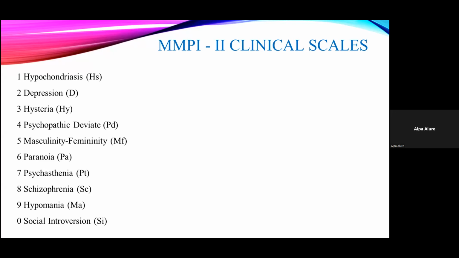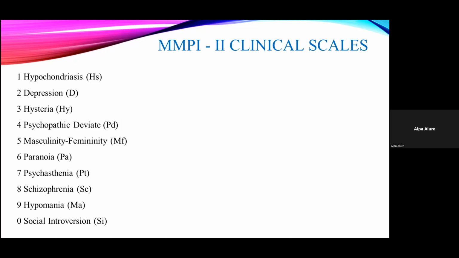Masculinity, femininity helps us to find out more about if there is any kind of gender identity or gender dysphoria. Paranoia, where the individual may have feelings of suspiciousness, ideas of reference. Psychasthenia is basically worrying excessively, thinking, anxiety.